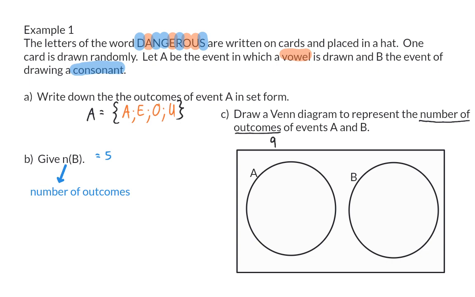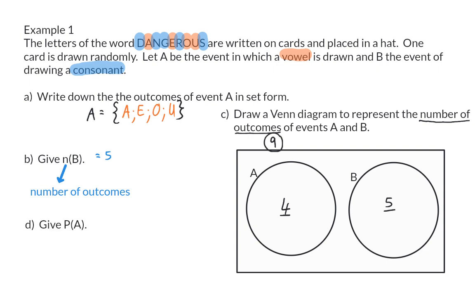Event A is the outcomes for drawing a vowel, and we've already seen that there are 4 possible vowels in this word. And in question B, we said that there are 5 outcomes in event B. The 4 outcomes of A together with the 5 of B make up our 9 outcomes for the sample space, which means there are no possible outcomes outside of these two events.